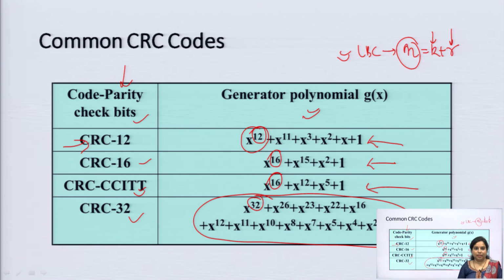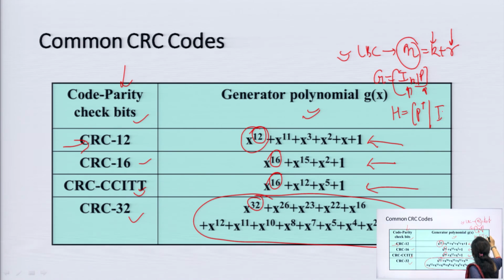At the transmitter side, a generator matrix is generated, given by G equals I_k P, where P is the parity matrix and I is the identity matrix. At the receiver side, we have the H matrix, which is equivalent to P transpose and I_k. So, this is how the H matrix, the parity check matrix denoted by H, will be used at the receiver side.